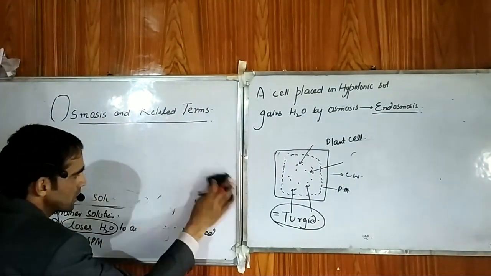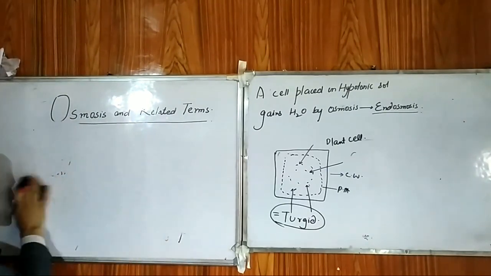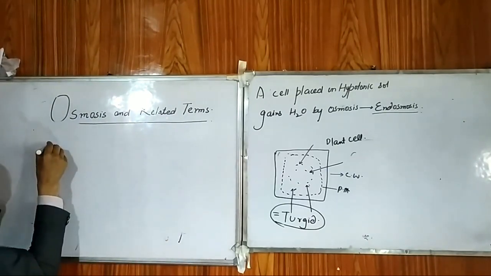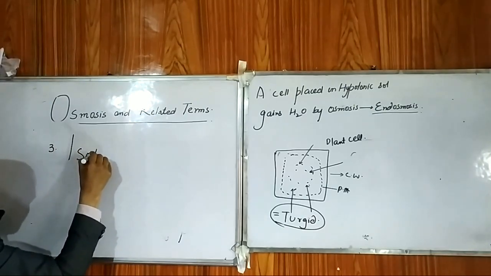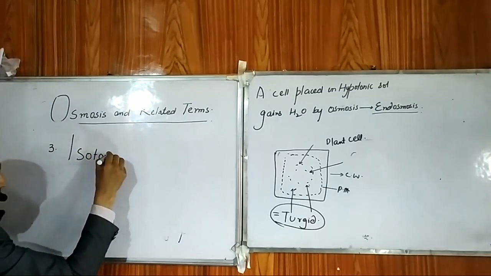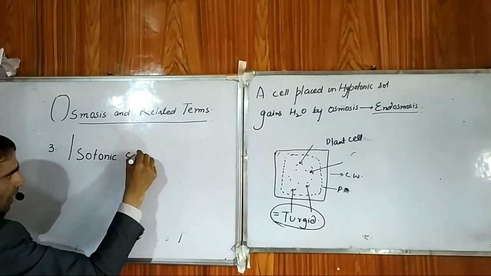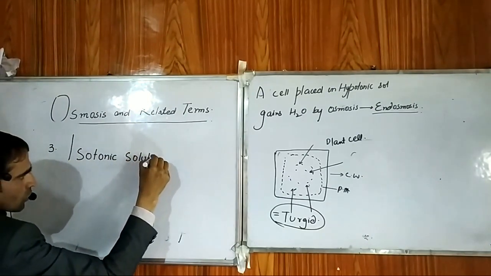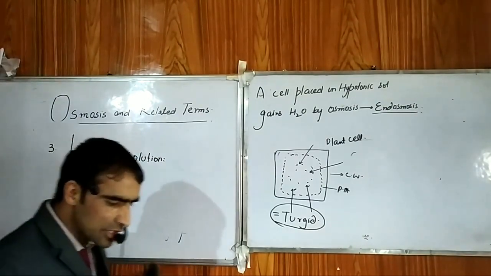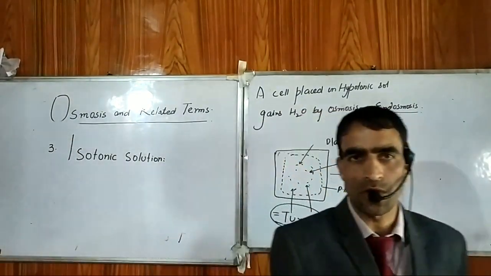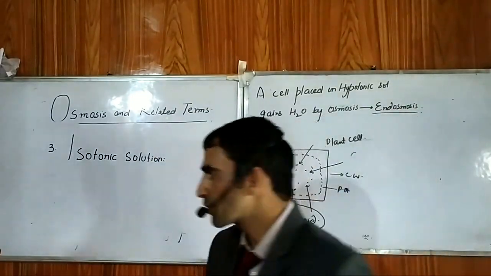Term number 3. So what is that? This is concept of isotonic solution. Iso means same. Tonic means tonicity. Yes, you can suggest me, sir, what is isotonic solution? मैं आपको बेटा बताऊंगा.